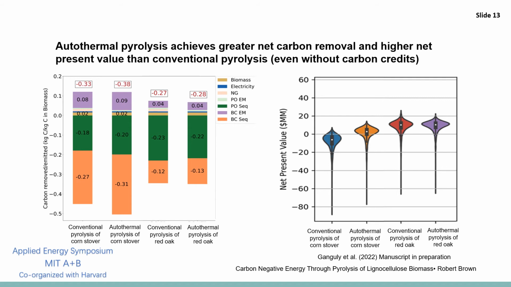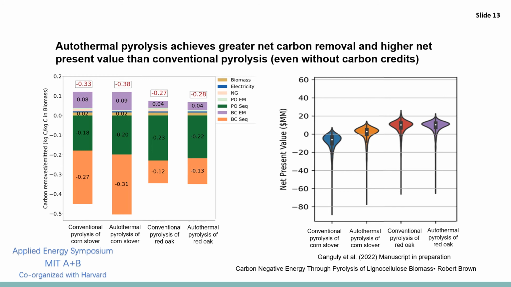We start with conventional pyrolysis of corn stover, comparing it to autothermal pyrolysis of corn stover, and we see a net removal of carbon, in this case measured as minus 0.33 versus minus 0.38 kilograms carbon per kilogram carbon in the biomass in the case of corn stover. We compare this for conventional and autothermal pyrolysis of red oak, woody biomass, and we also see achievement of net carbon removal. In these cases, again, the autothermal achieves a larger carbon removal than conventional pyrolysis.